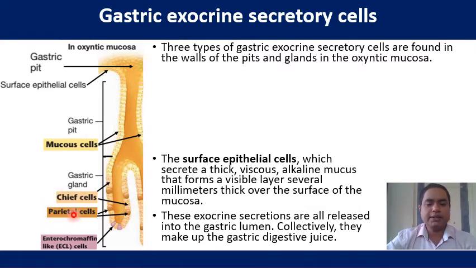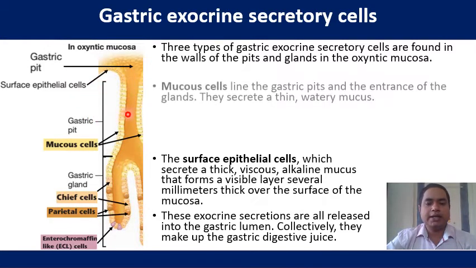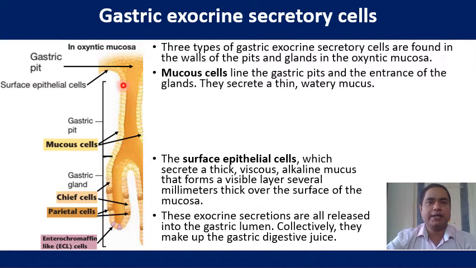The parietal cells are also called oxyntic cells. The mucus cells line the gastric pits and the entrance of the gland, and they secrete a thin watery mucus, and the deep part of the gastric gland is lined by the chief cells and parietal cells.